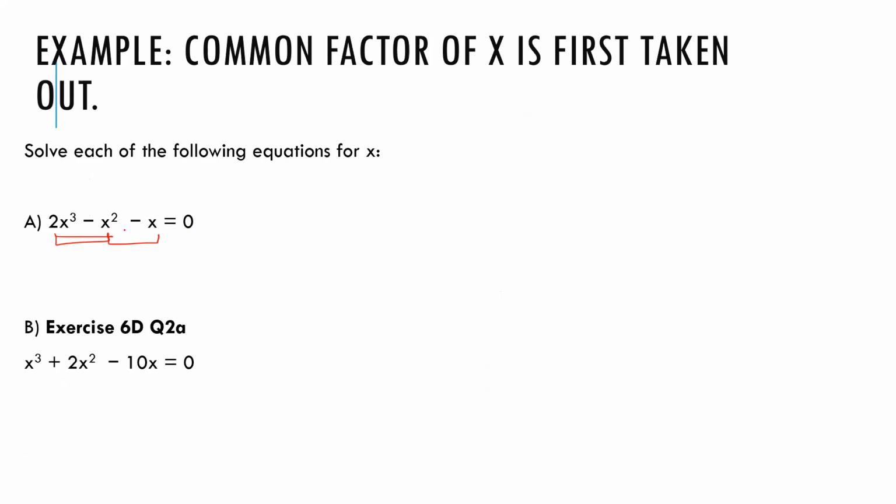We can see x is common in the entire equation. I'm going to take out x, and that gives me 2x squared minus x minus 1. That gives me a quadratic equation to solve for x. Then use the simple method of factorization again.